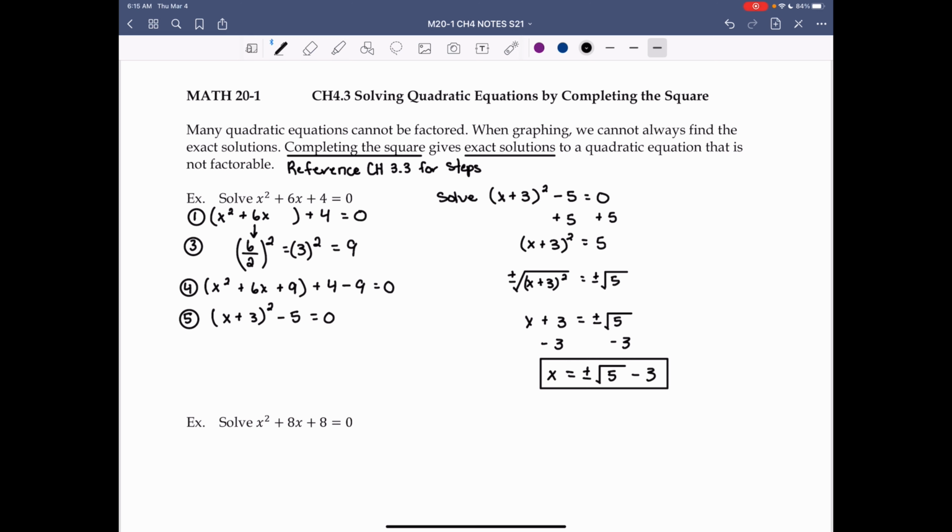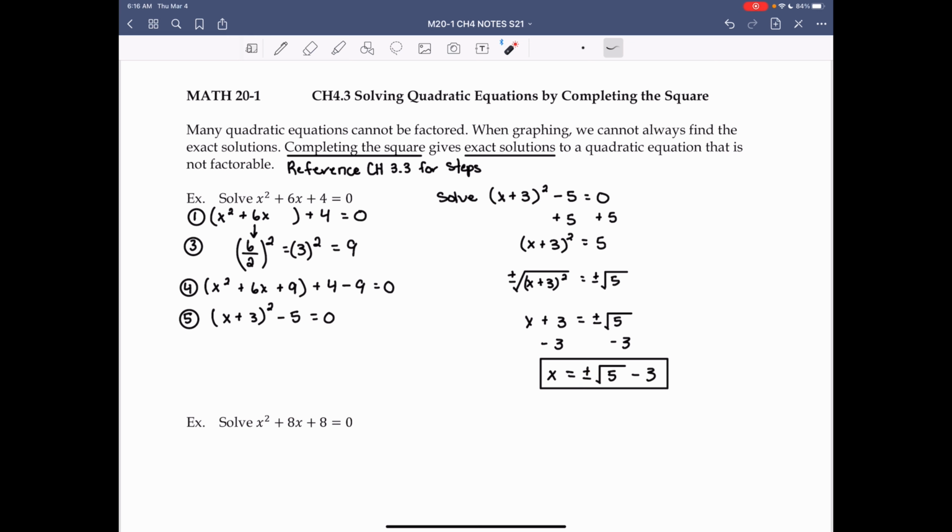Notice that we have two solutions. We have when the square root of 5 is positive, so positive square root 5 minus 3. And we have when the square root of 5 is negative, so negative square root 5 minus 3.